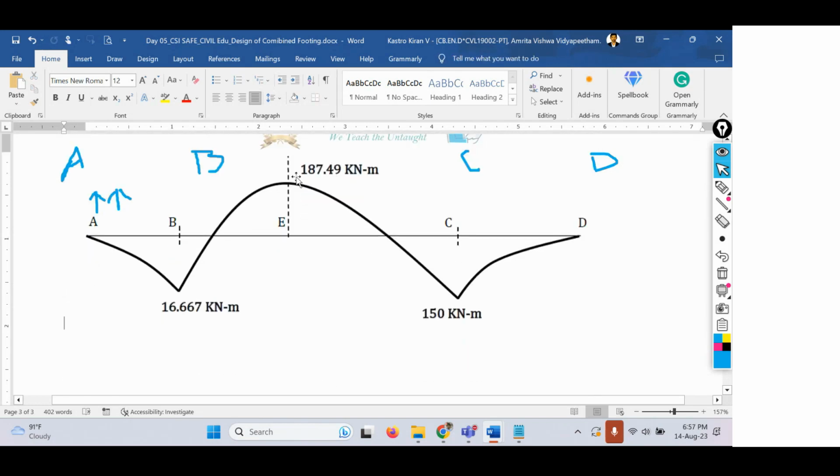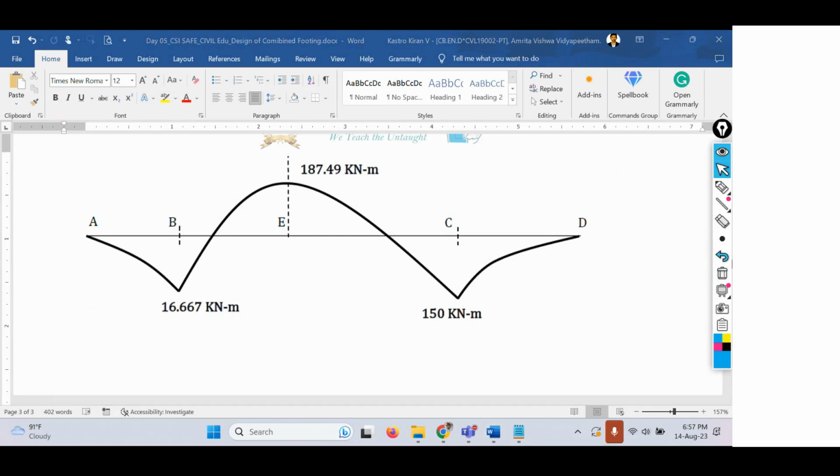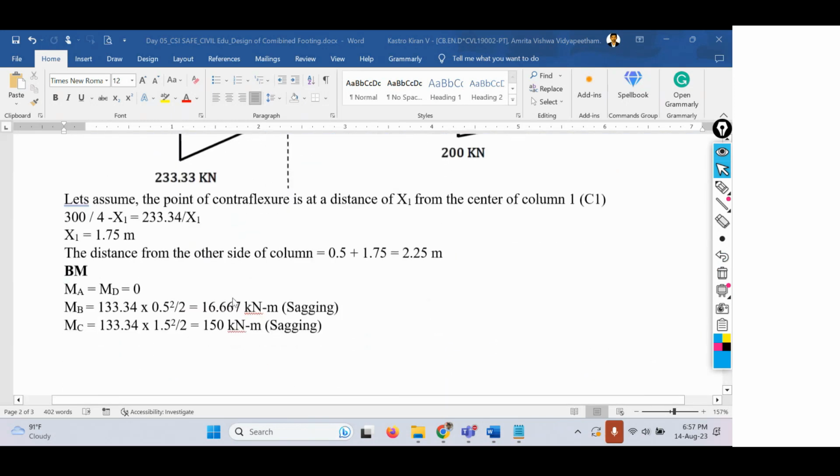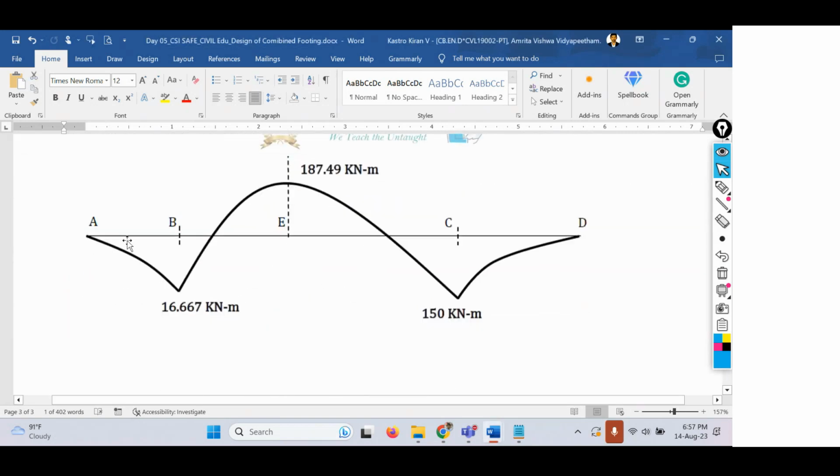Forget about this value, 187.49, that we have to find now. Here you can see the bending moment at A is 0 and at B is 16.667. That is positive. Positive bending moments are always represented along the downside, and negative bending moments along the upper side of the neutral axis. So 16.667, and 150 at point C, and at point D it is 0. This is how it goes.